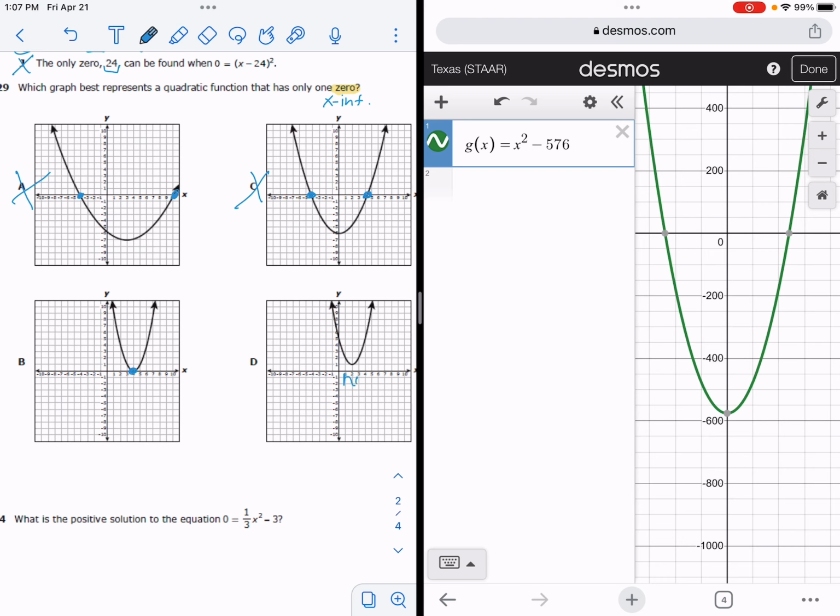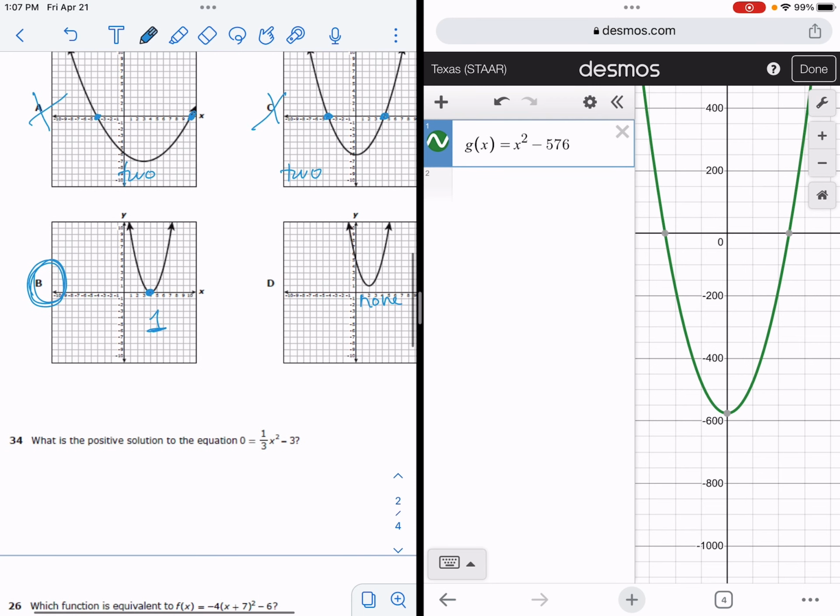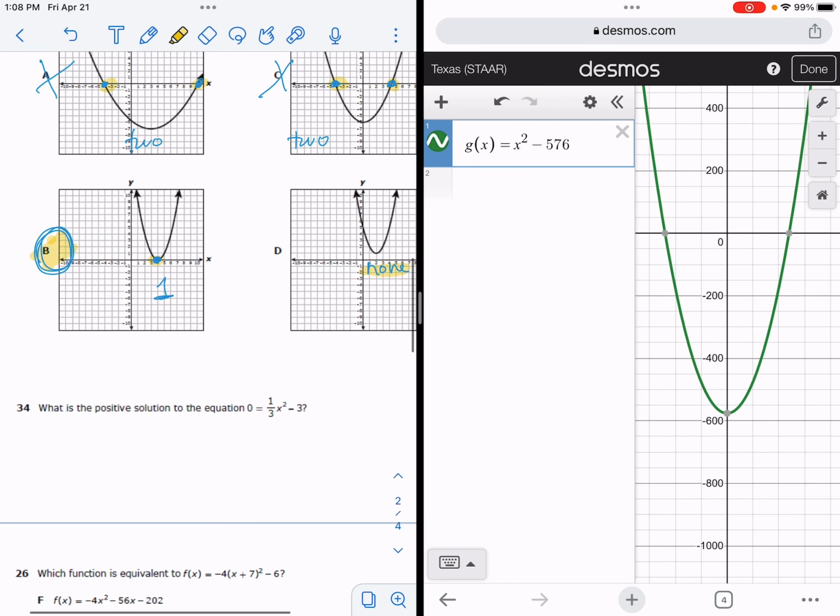This function has none. Okay, so 2, 2, 1. That's our answer. Let's highlight it. Okay, so B is our answer.